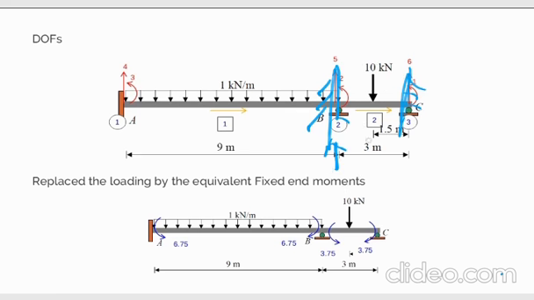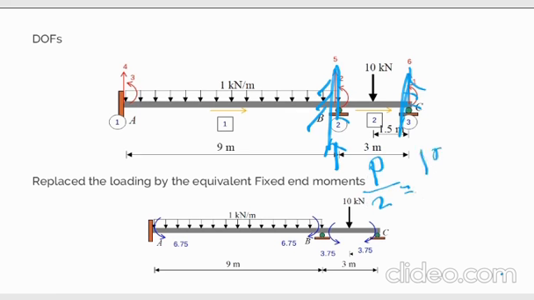We have only an applied load at the middle of the member, so the reaction equals P over 2.